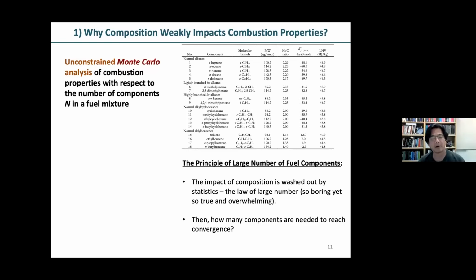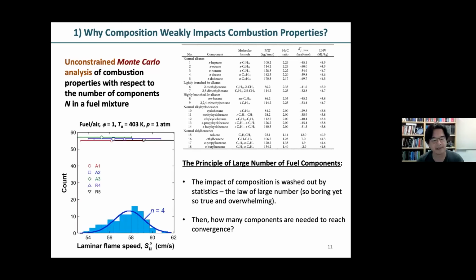And I wanted to look at how the computed combustion properties vary as a function of the samples that we take. First things first, all right?